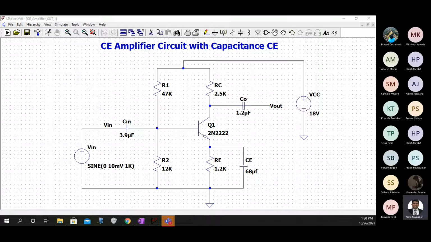I want to just ensure that all of us are on the same page. That is why I want you to post the circuits in the chat box.